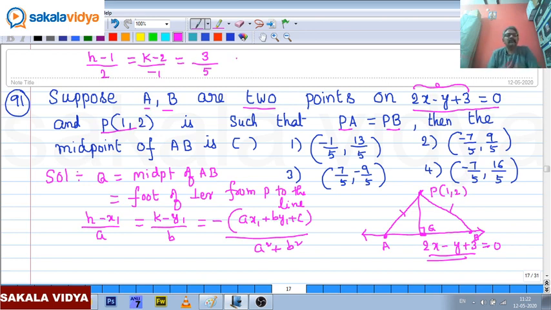Okay, so now h minus 1 is equal to 6 by 5. One thing, we are getting calculation mistakes here.